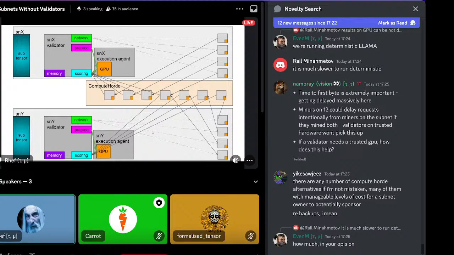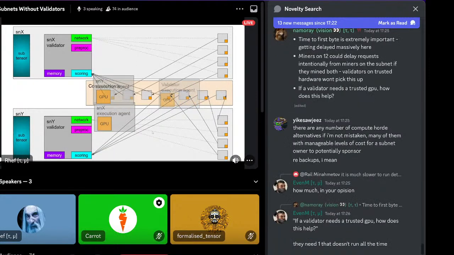This can happen on multiple subnets. So we can have subnet X and subnet Y, and compute hoard currently has like 2,000 GPUs that can be used for this, so a sizable amount should be enough.